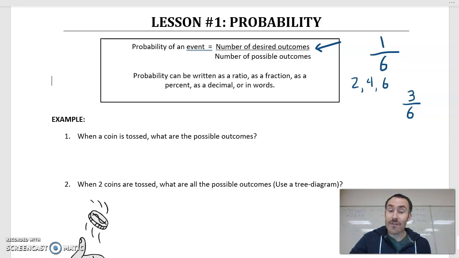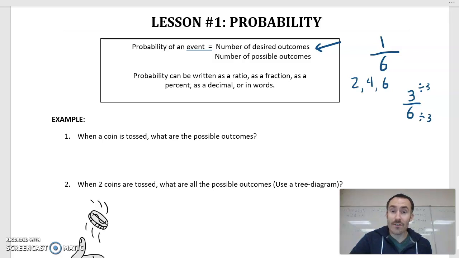You can make that fraction smaller. Okay, now that's going to be part of the skills that you need for this unit. We need to be able to reduce fractions when it's appropriate. So 3 out of 6 can be reduced to 1 over 2, right? Because we can take this 3 and divide it by 3, and we can take this 6 and divide it by 3.